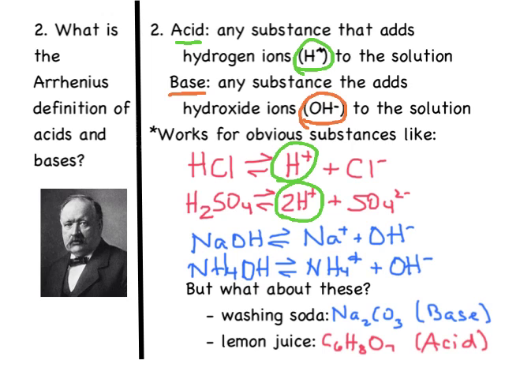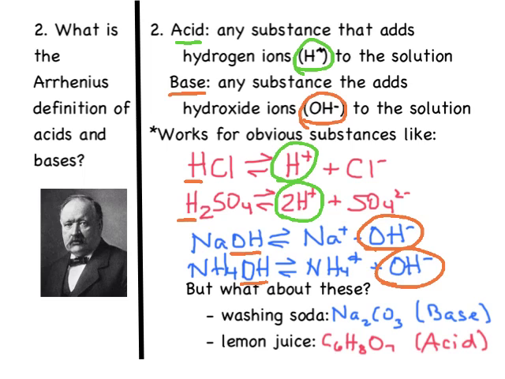We also see bases: NaOH breaking apart into Na+ and OH-, so there's the base part, and NH4OH breaks apart into NH4+ and OH-, again, that base part. So you can see within the chemical formulas if they're going to be an acid or a base. Here's the OHs in the bases, and here's the H's out front in the acids.